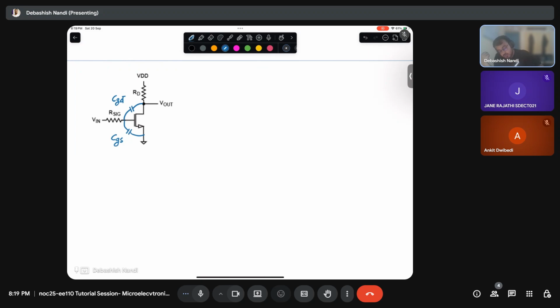So far I have told you, let's say this is a MOSFET. This is your Gm times V in. Let's say this is V in.